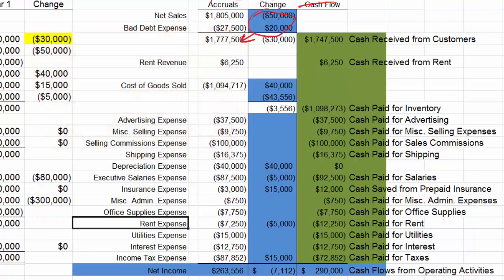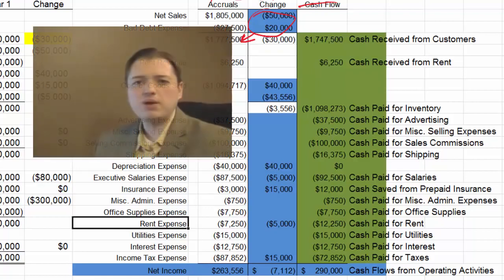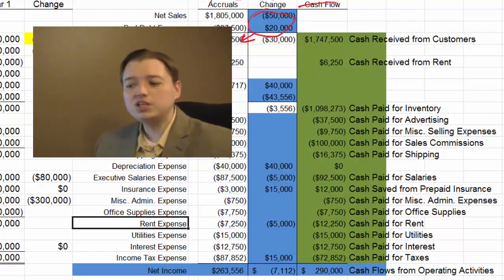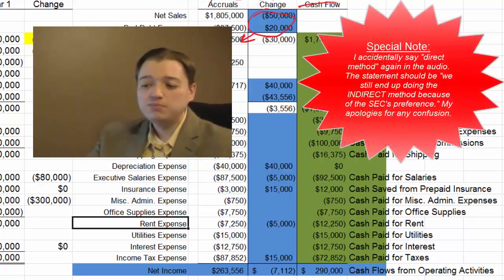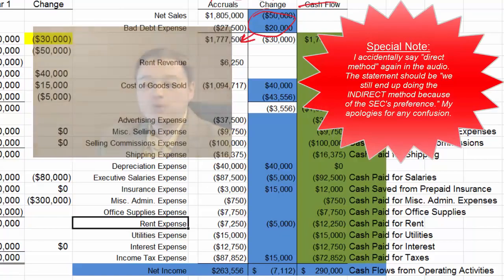So if you disclose a direct method under an SEC filing, then you have to go back and also include an indirect reconciliation as well. So most publicly traded companies will use the indirect method, and because most of the big companies use the indirect method, a lot of small companies use it as well. So even though the direct method might be more intuitive, we show exactly what the cash flows are, we still end up doing the indirect method because of the SEC's preference.